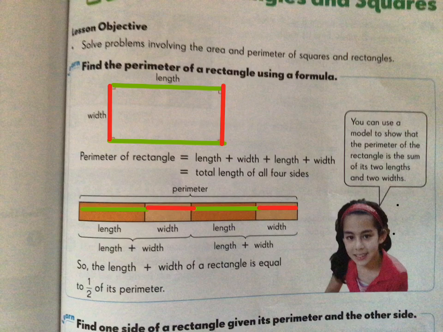So it's like taking the length plus the width plus the length plus the width, and that would give us its perimeter. So let's look at this in practice with a couple of different squares and rectangles.